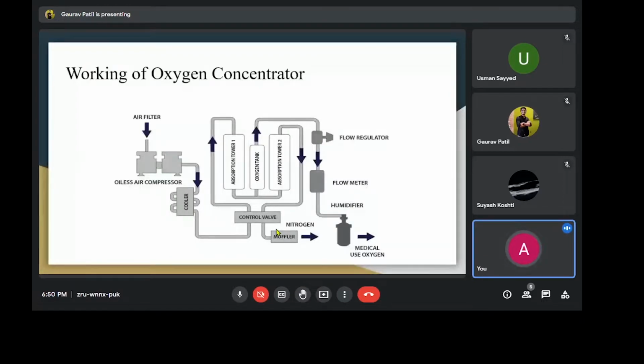Then the oxygen under pressure is released through a two-way solenoid valve to the humidifier, pressure regulator, and to the conserver or directly to medical use. Next slide please.